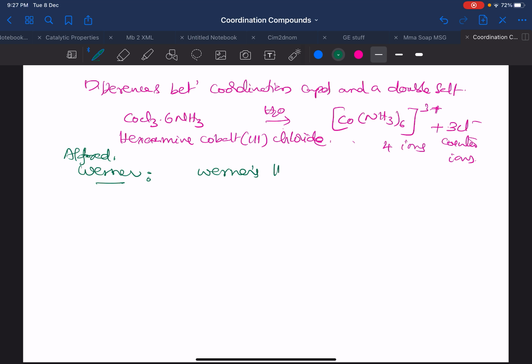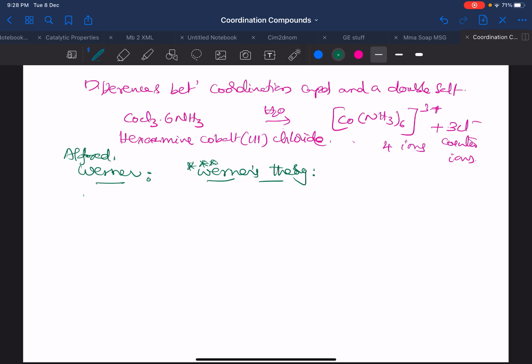It is the most important one, Werner's theory of coordination complexes, and very important for board examinations also. So what is Werner's theory? How can it be defined and explained?